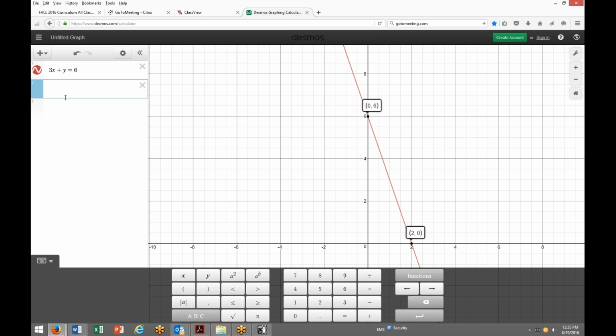Well, we can also do this the old-fashioned way, as if you were using a TI-84. We've already done the algebra and converted this equation into y equals negative 3x plus 6. And so now we have 2 right on top of each other.